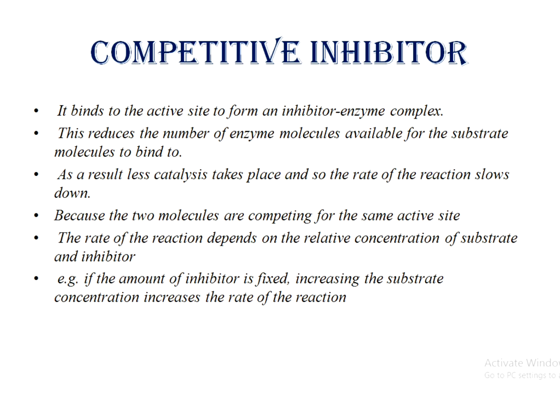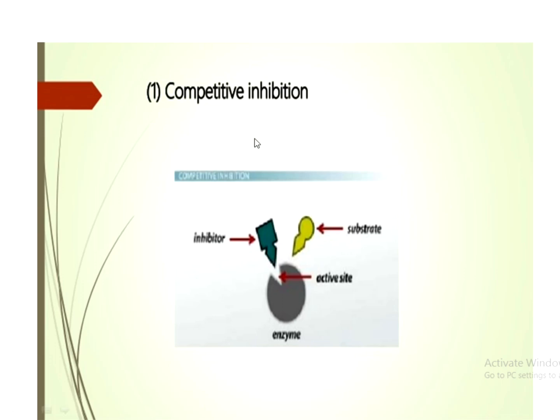As a result, less catalysis will take place and the rate of the reaction will decrease, because both molecules are competing for the same active site, and this depends upon the concentration of substrate and inhibitor. See, this is a competitive inhibition example and this is the active site. This is the inhibitor and this is the substrate, and both are competing for this active site.